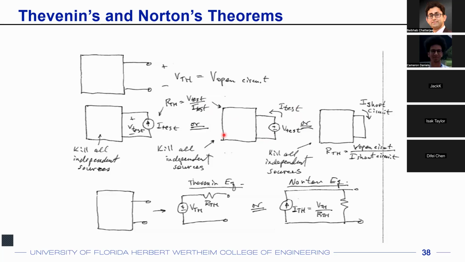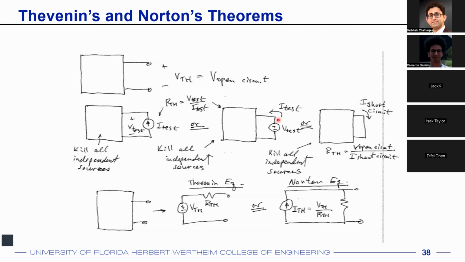So short all your independent voltage sources and open all your independent current sources. Why do you want that? Because you are already connecting a voltage source over here to calculate something. If there are other voltage sources or current sources in the circuit, they will interfere with what you are trying to do, because 2 voltage sources will somehow interact with each other. A current source and voltage source will want to interact with each other. You don't want that interaction, because that will create errors in your calculation of your Thevenin resistance.